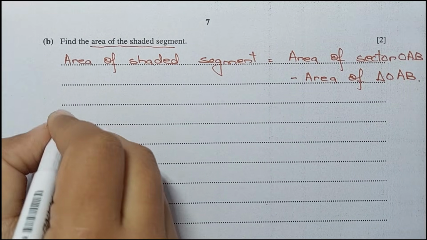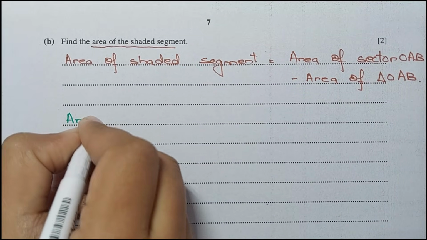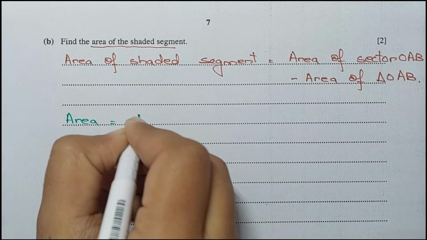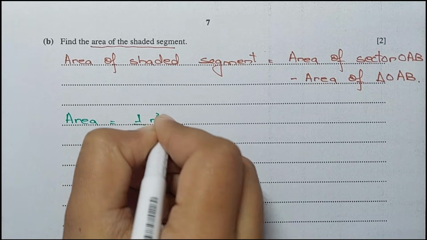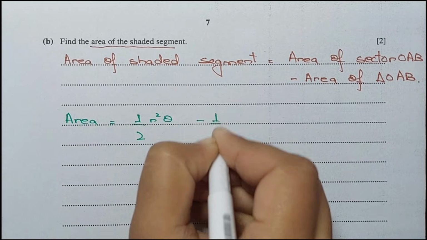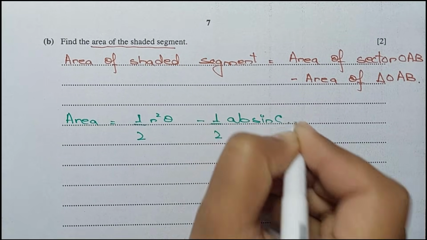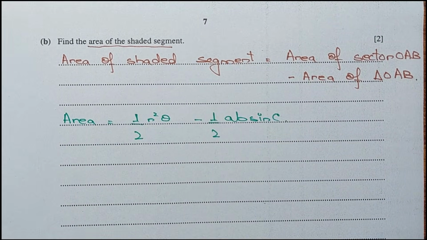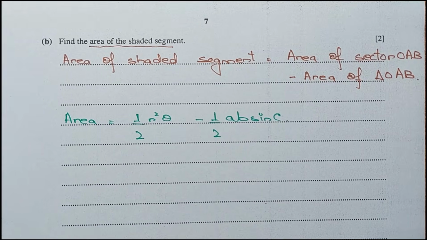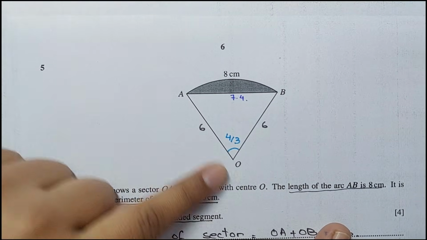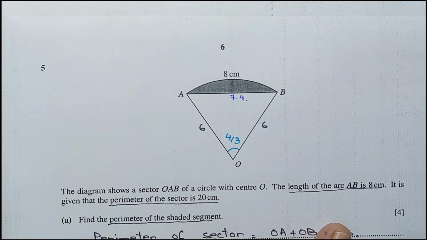Now the shaded area would be equal to the area of a sector, which is half radius squared theta. The area of a triangle is half ab sine C. I just write down the formula first. We know the radius of the sector, sorry. The sector radius is 6 and the angle is 4 by 3 radians.